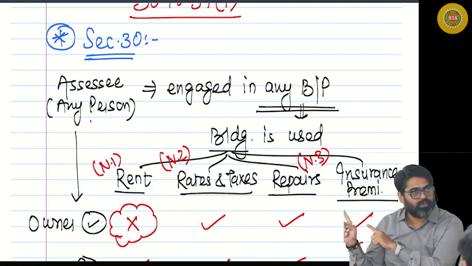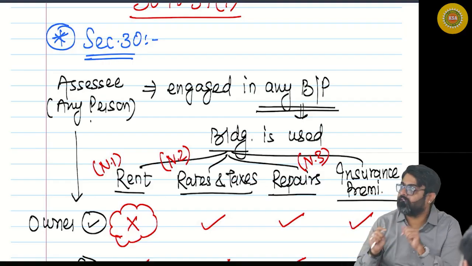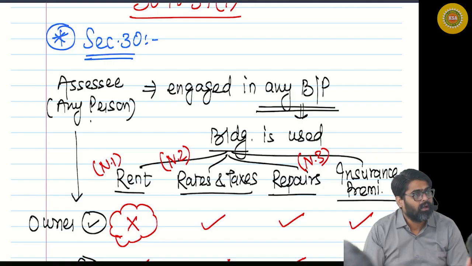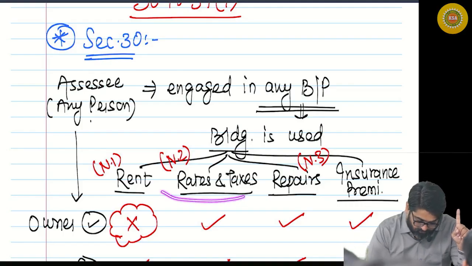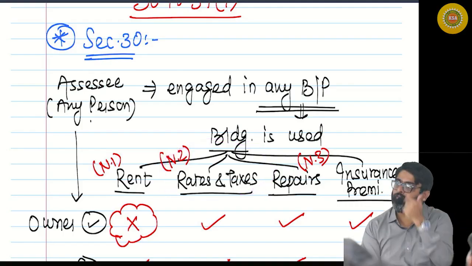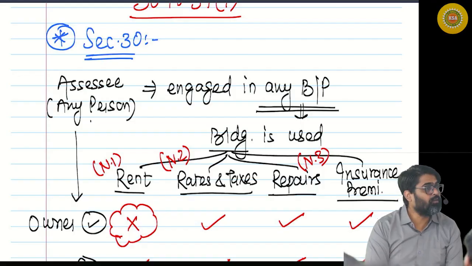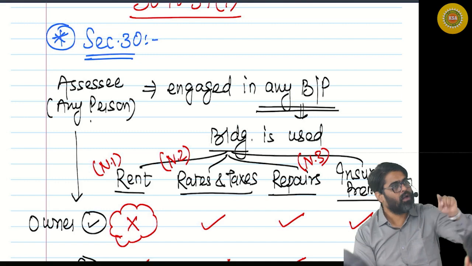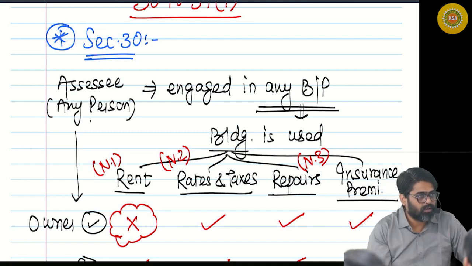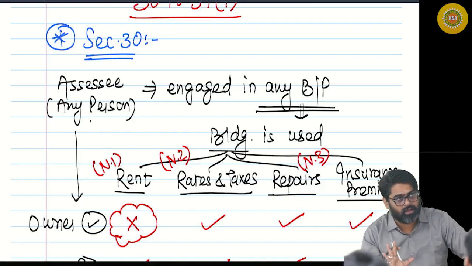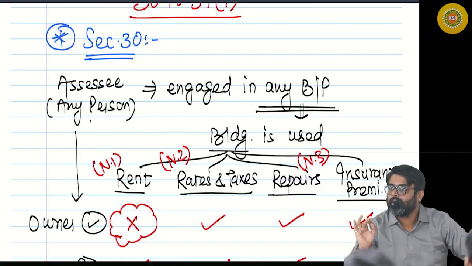So if these expenses are related to this year, whether paid or payable, will be allowed as a deduction, except one expense. Rates and taxes. Even if you are following mercantile basis, all the expenses are allowed on mercantile basis, but not rates and taxes. Only if actually paid during the year, it will be allowed as a deduction.